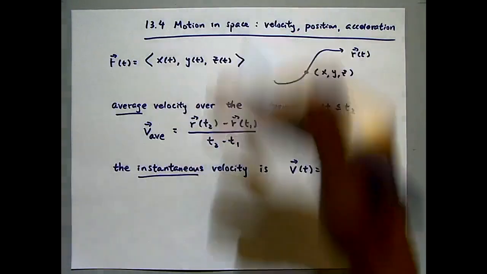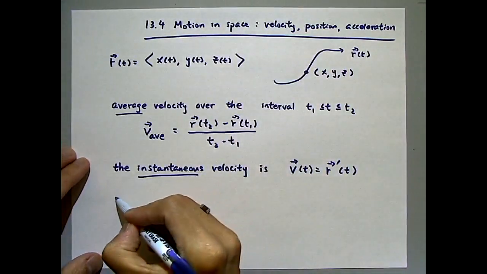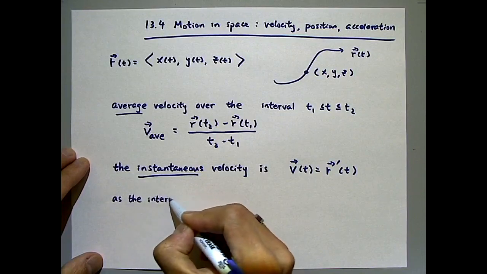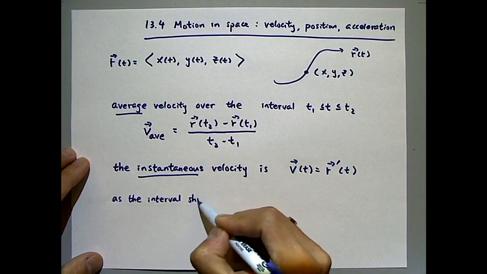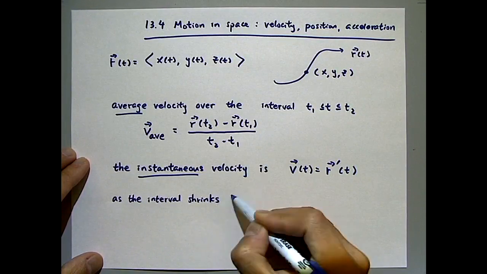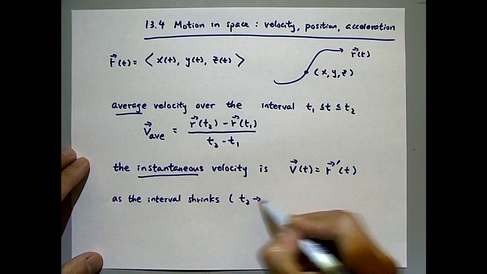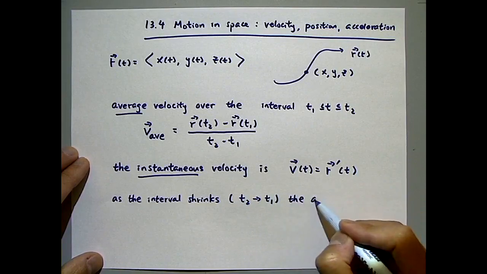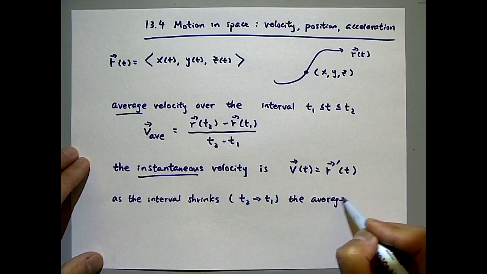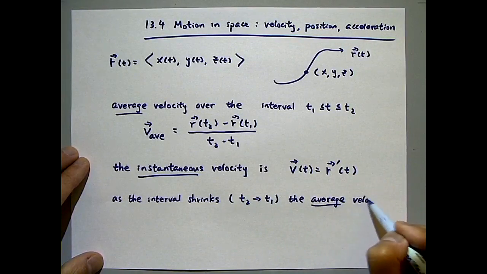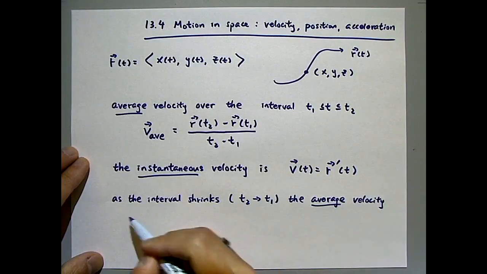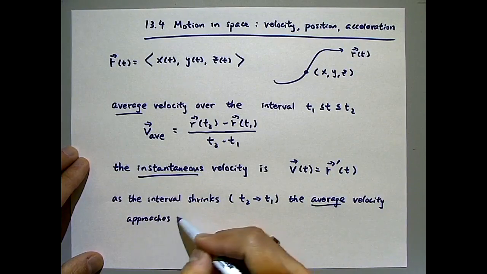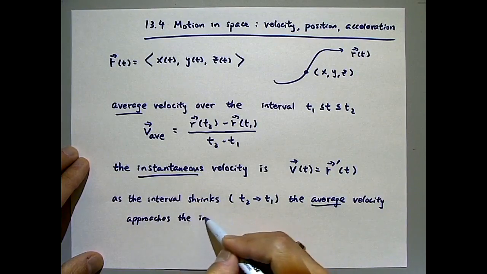So the relationship between these two is that as the time interval shrinks, meaning T2 is getting closer and closer to T1, the average velocity approaches the instantaneous velocity.